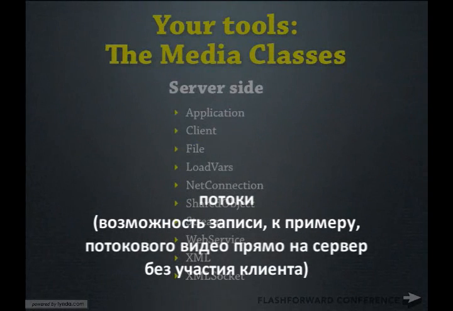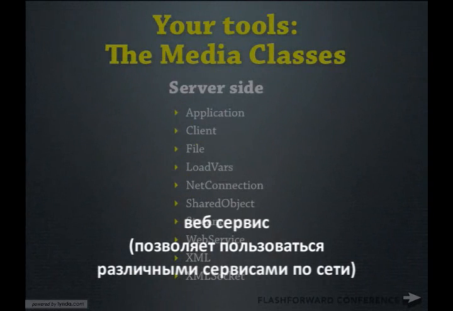You can have server-side streams, and that's really powerful, especially if you want to record streams, which you can do with FMS. You could have a stream running on the server and have that recorded on the server side, so you don't ever have to have a client connected to record it. If that makes sense, it's something that can just be running on the server all the time.